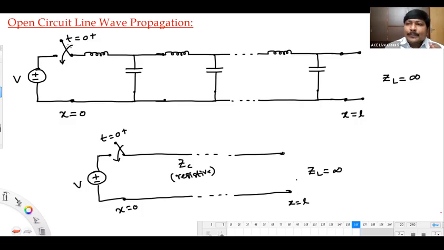After closing the switch at time t equals 0 plus, there is no initial energy stored in the line. So the current starts developing as well as the voltage.